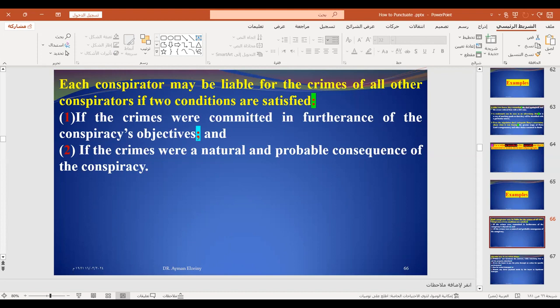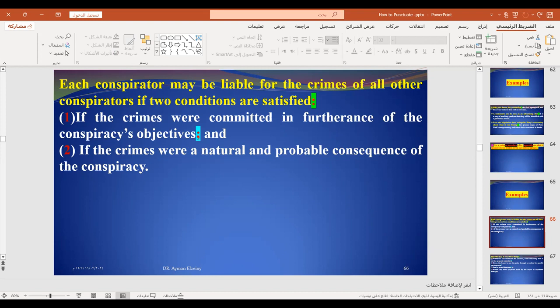First condition, if the crime were committed in presence of conspiracy objectives, semicolon before and, second condition, if the crimes were natural and probable consequences of conspiracy.